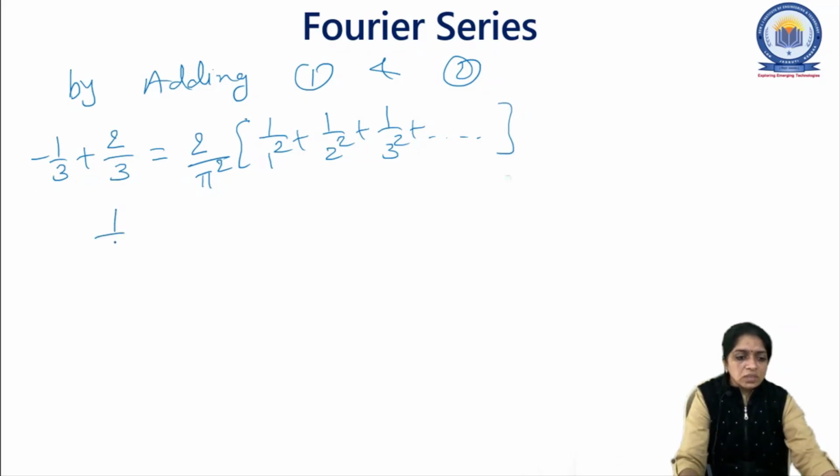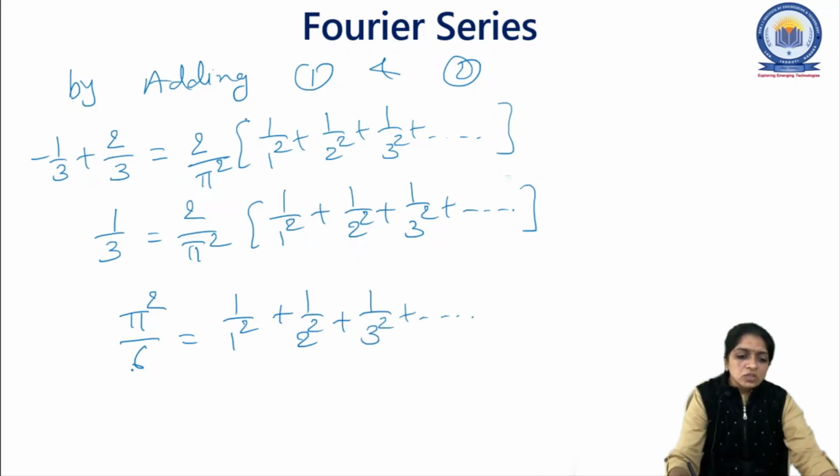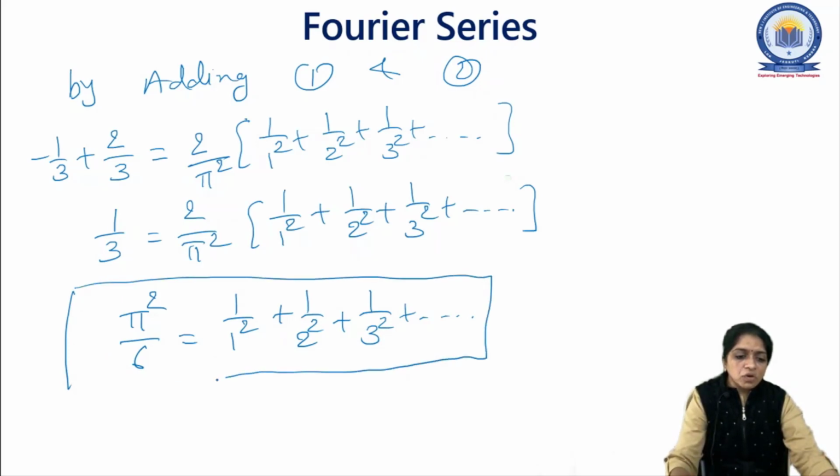Okay, so this is 1 by 3 equal to 2 by π² times 1 upon 1² plus 1 upon 2² plus 1 upon 3² plus and so on. And after simplification we have π² by 6 equal to 1 upon 1² plus 1 upon 2² plus 1 upon 3² plus and so on. So this is the equation which we wanted to deduce with the help of the expansion of the Fourier series.